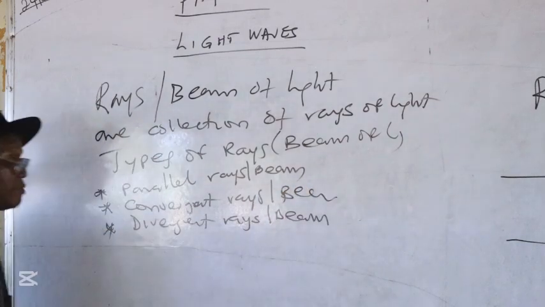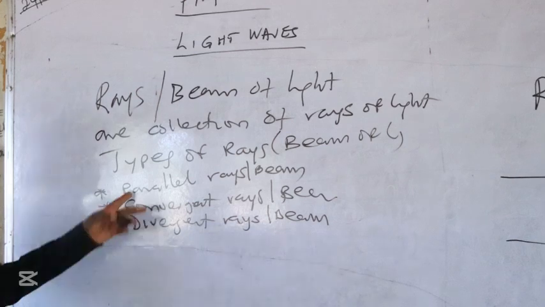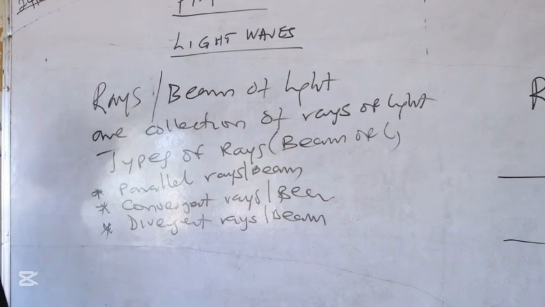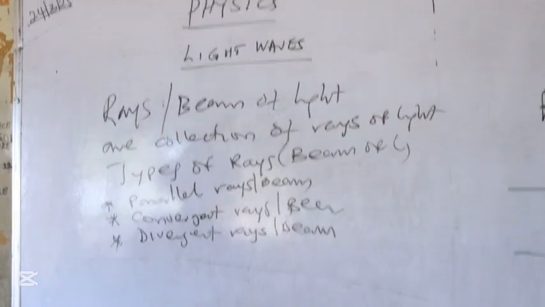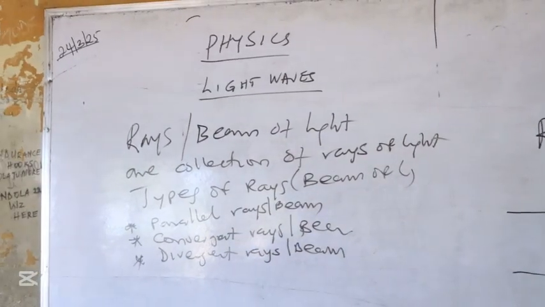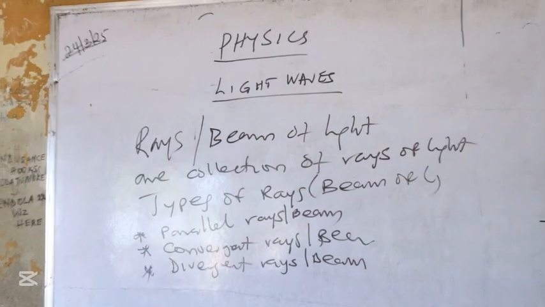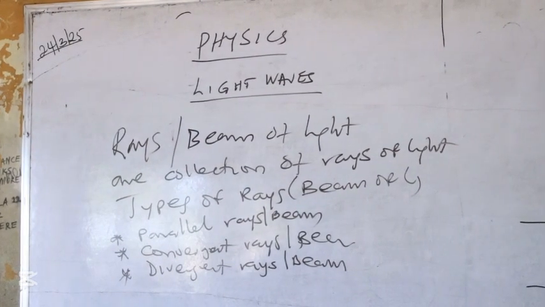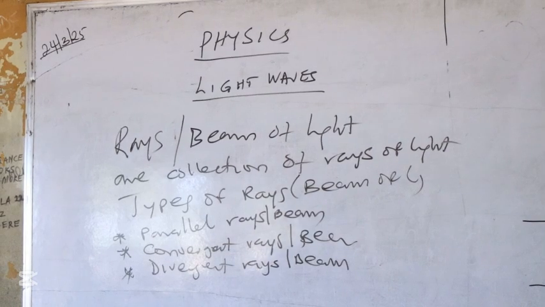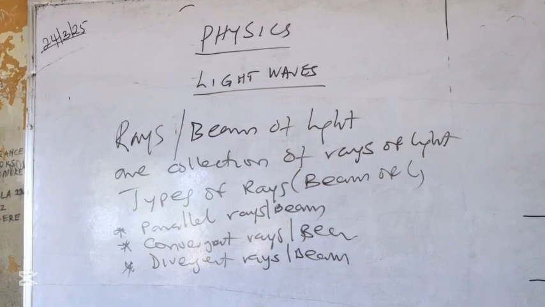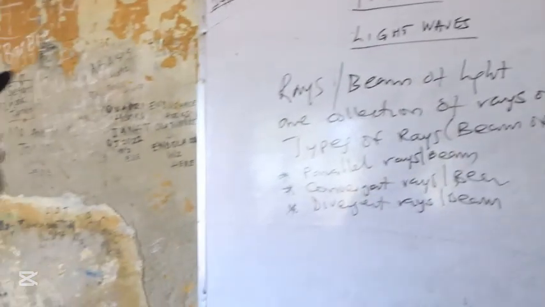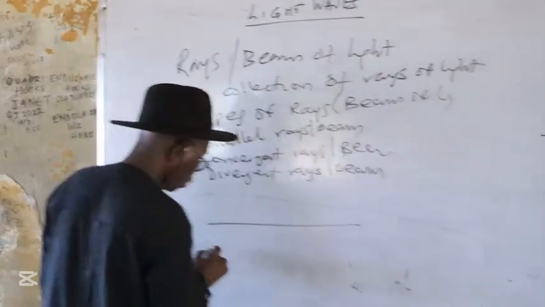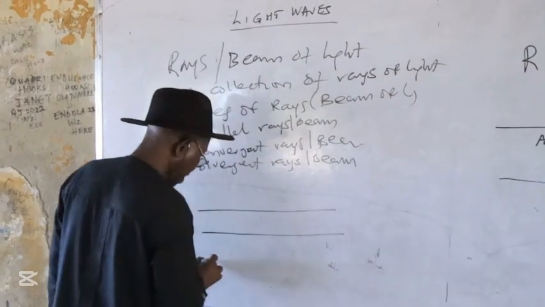These are the three types. You don't need any technical knowledge when you say something is parallel. Parallel rays are rays that can never meet. When you say something is parallel, two parallel lines can never meet. The angle between them is zero. So when we say parallel rays or beam of light, we are going to draw some lines that can never meet.